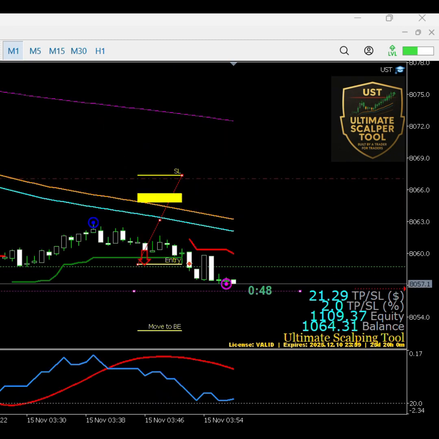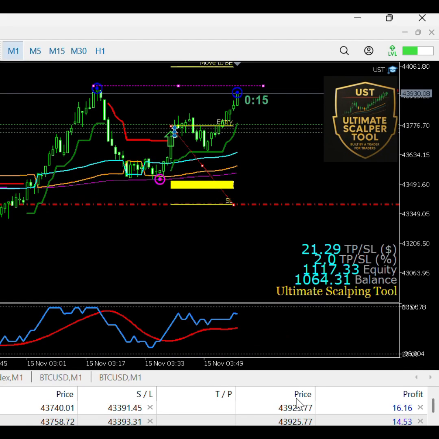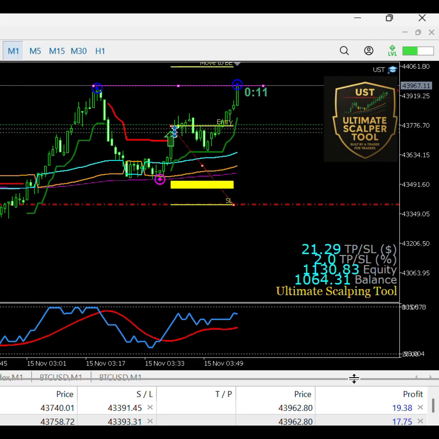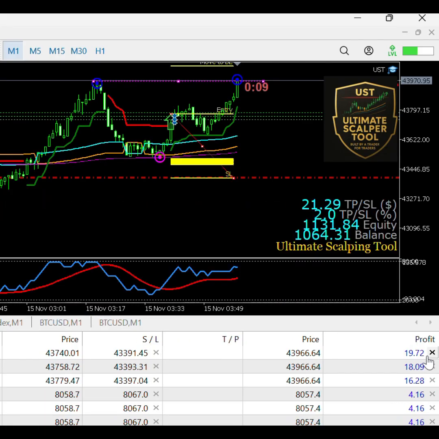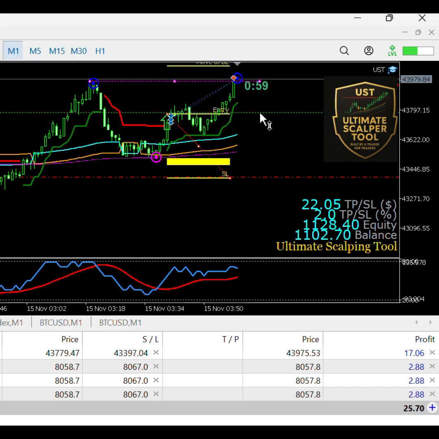Markets are moving in my direction, everything is going well. At this point we are approaching those resistance areas, so I start taking my partials out. On V75 I take 2 trades out and move the remaining trade to break even. At this point I know I can no longer lose on V75.